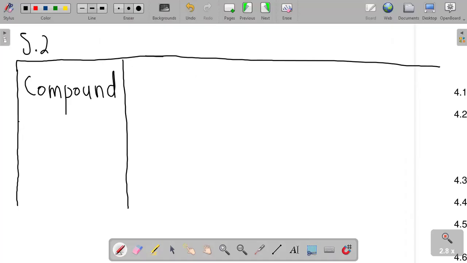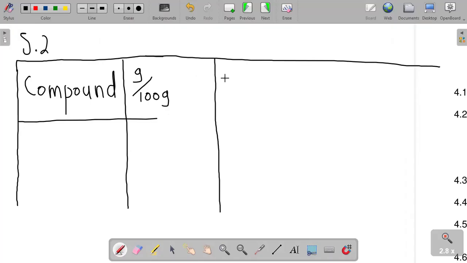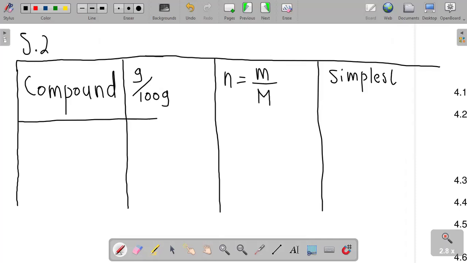So now we have a compound. We have G over 100 G. And then we have N equals to M over M. And then we have the simplest ratio.